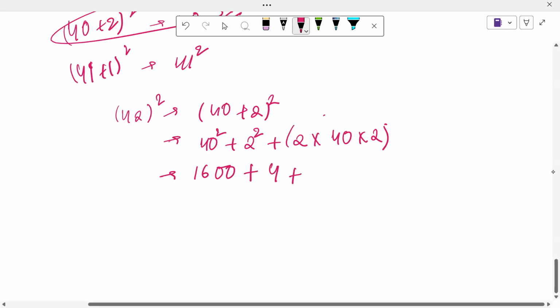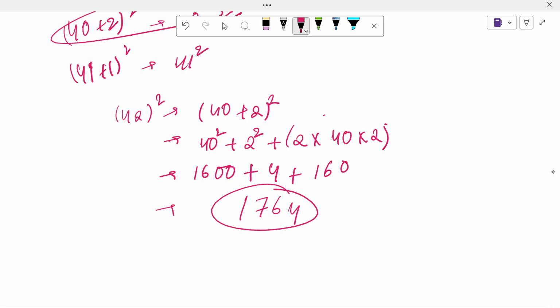Plus, you have to do 2 into 40 into 2, which comes out to be 160. Then you have to add all of them. I'm sorry, I made a little mistake previously. It will be 1764. Yes, ma'am, that is the answer. Okay, very good.